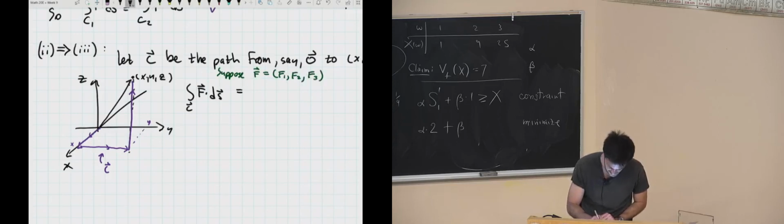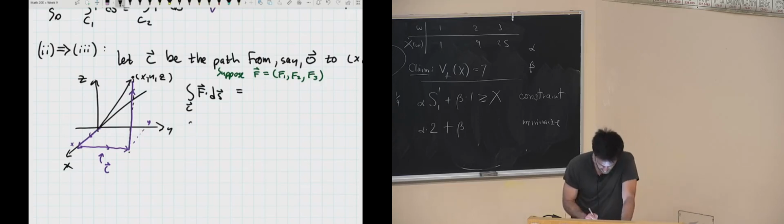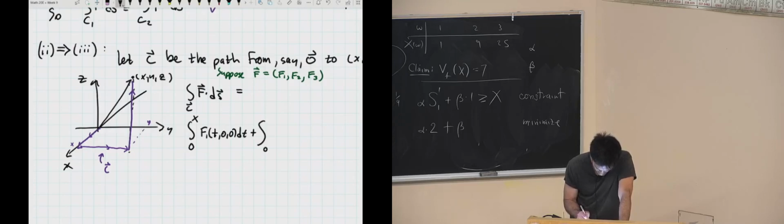In that case, the integral over this path is, over the first path goes from 0 to x, and that's f1 of t comma 0 dt. The second path is from 0 to y, and that's f2 of x, t, 0 dt. And the third component goes from 0 to z of f3 of x, y, t, dt.